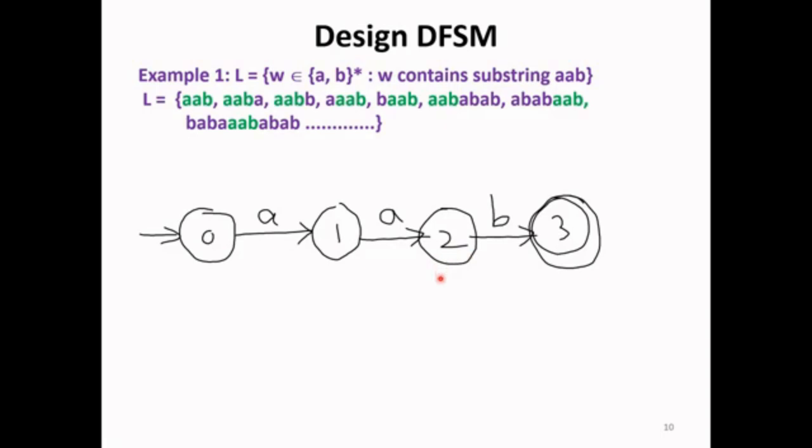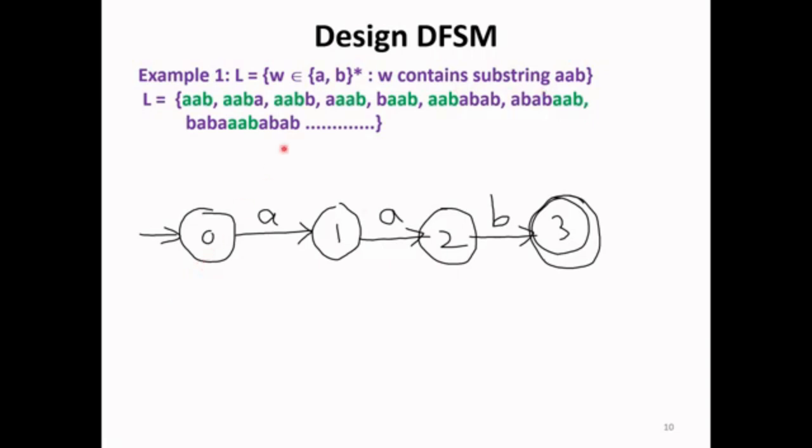As we know, the DFSM will have transitions in such a way that from each state there will be one compulsory transition for each input symbol. So in the second step, we have to add those compulsory transitions without violating the language. Let us start with initial state 0.